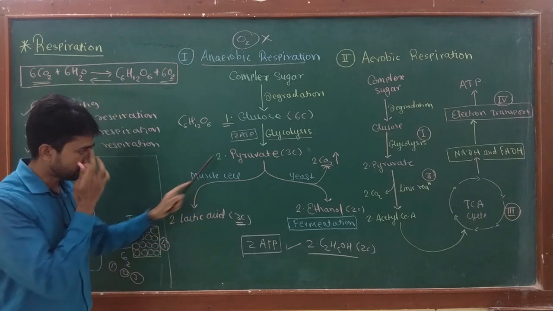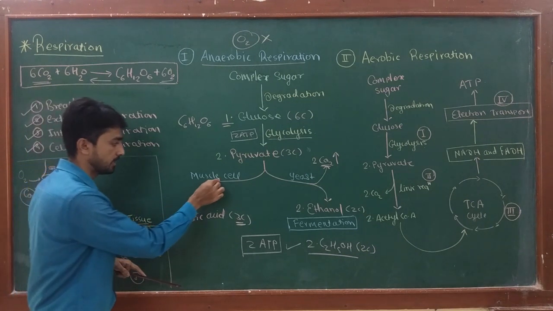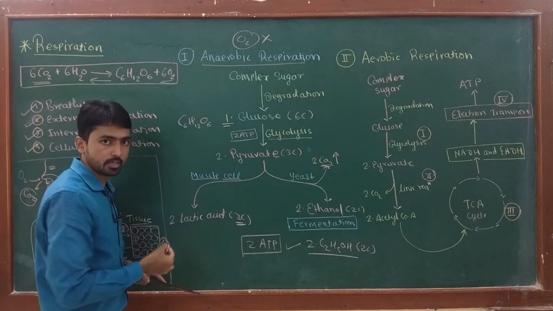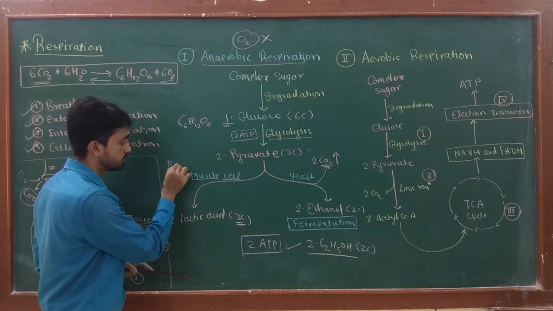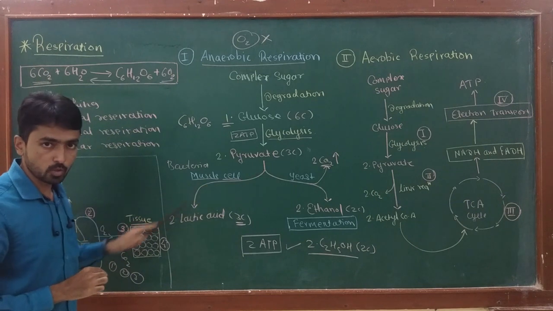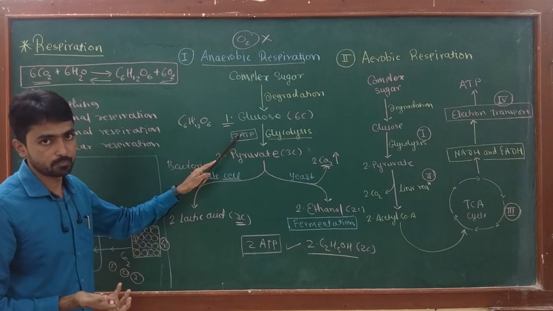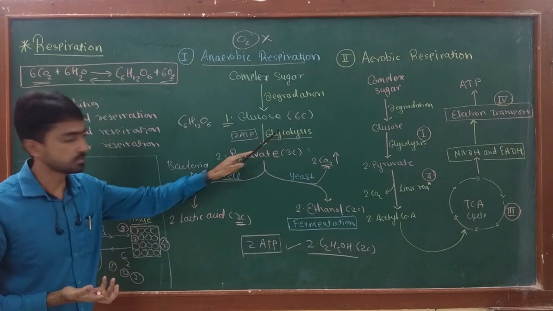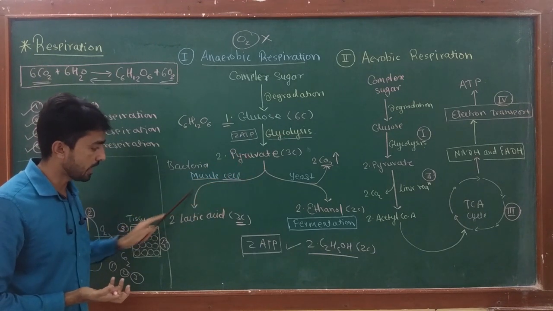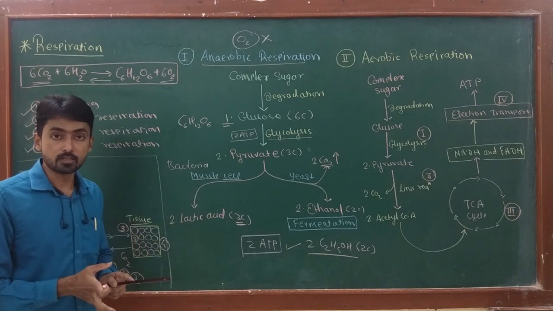This process of lactic acid fermentation mainly occurs in the muscle cell in humans as well as some bacteria. In this process also no ATP is produced, so the total number of ATP remains 2, which is produced at the time of glycolysis.